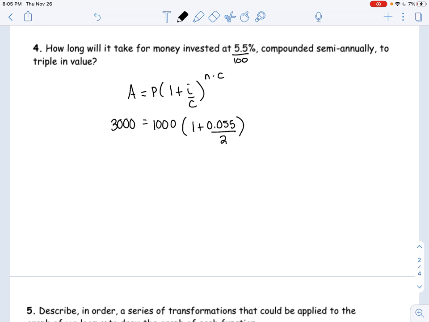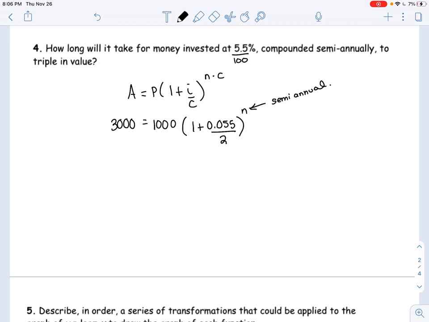If you want to solve for just the value in semi-annual periods, you can just put n, because this will represent semi-annual periods. Now, if you put the c value there, meaning if you times it by 2, the n will represent years.